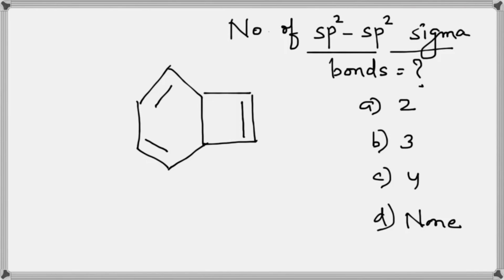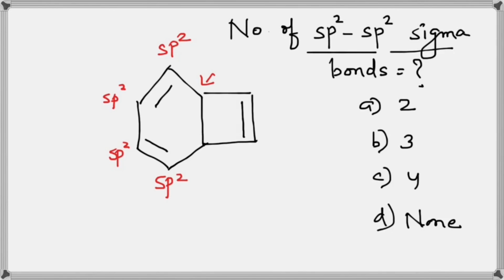So let's first see how many sp2 hybrid carbons are present. On every carbon where there is one double bond, we will see an sp2 hybrid carbon. So here is one sp2 hybrid carbon, another sp2 hybrid carbon is here, then we have one more sp2 hybrid carbon, and this carbon is also sp2.